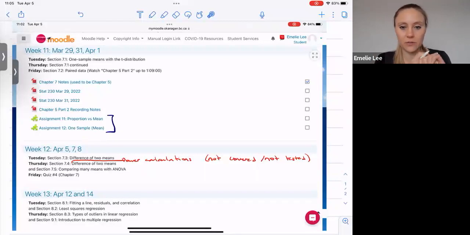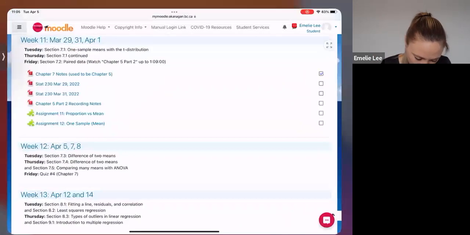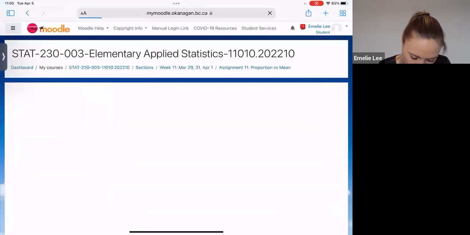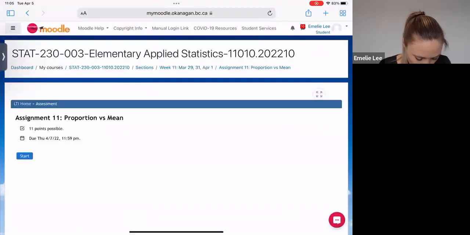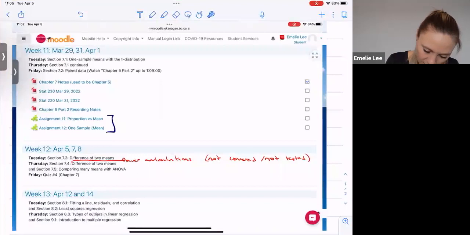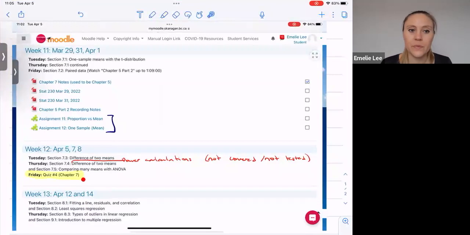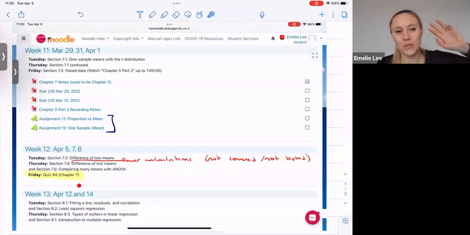I cannot remember when these were due, so let me go check. Thursday, the 7th, and the reason for that is because you've got your quiz on Friday. So quiz 4, same as the other quizzes: you'll have the entire weekend. It'll be available for your Friday class if you want to use that time, but you don't have to.